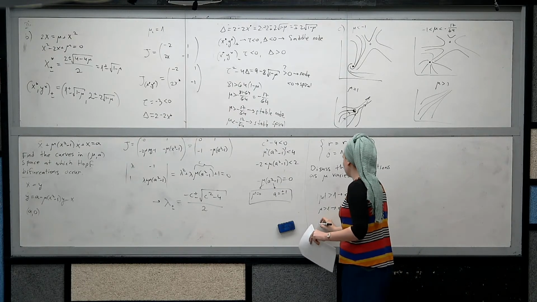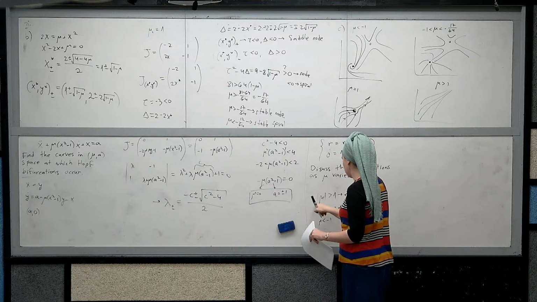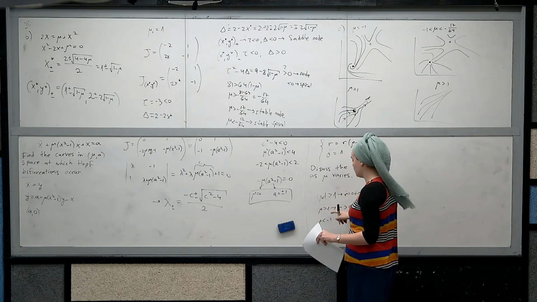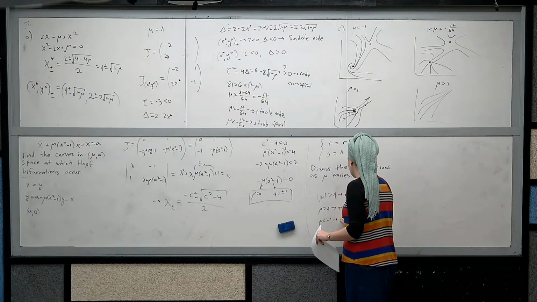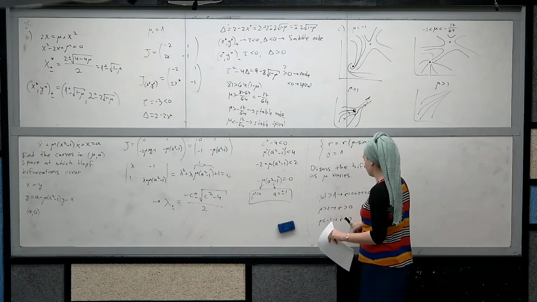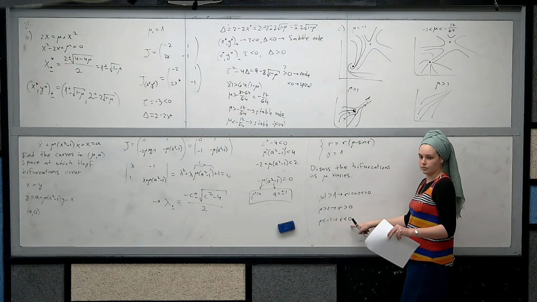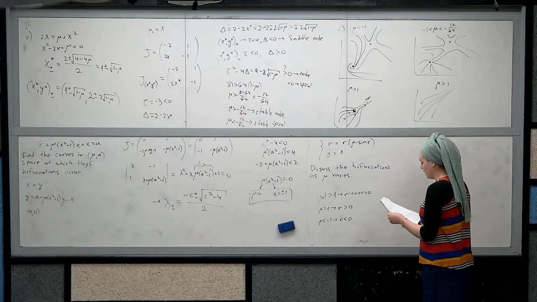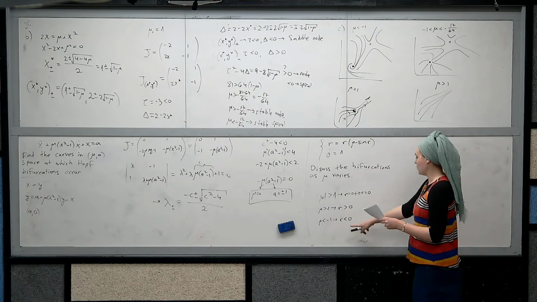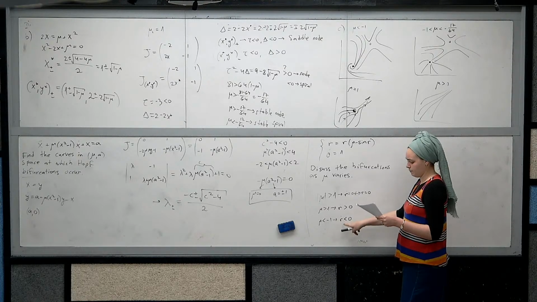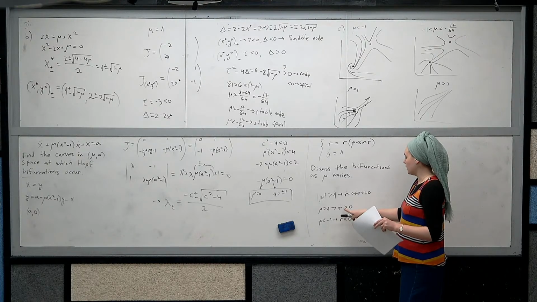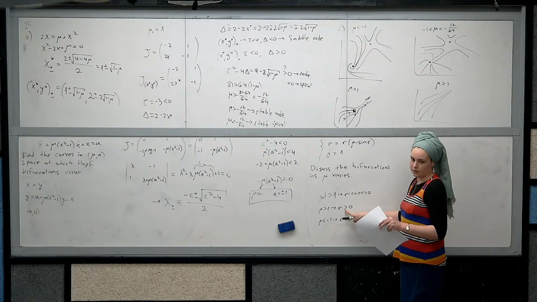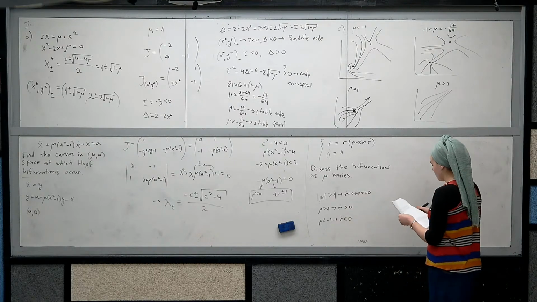And if mu is lower than minus 1, this is still in this area, so r dot is lower than 0. So here we will have a stable spiral and here an unstable spiral.